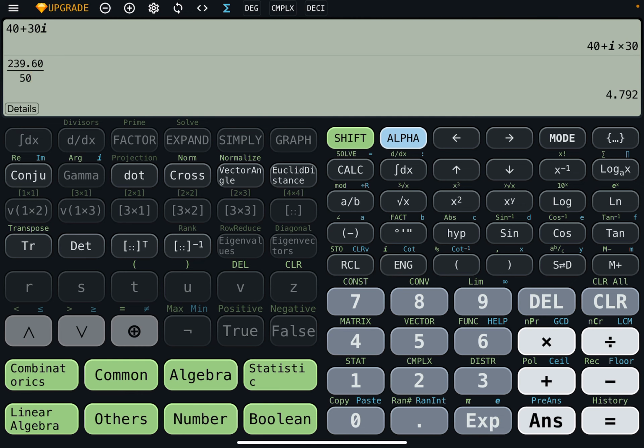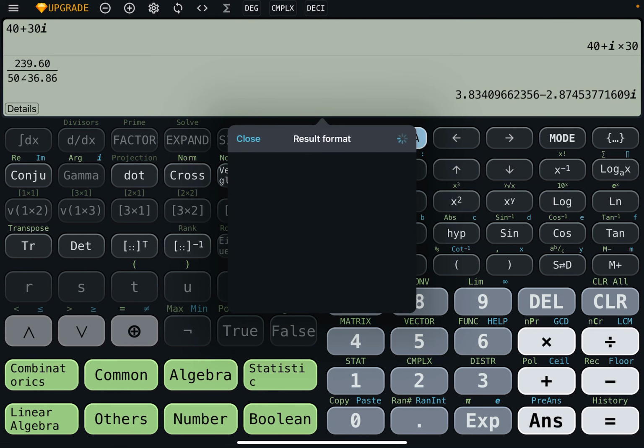Now we need to find the angle. If you look here, this is our angle key. Simply pressing that is not going to give us the angle, so we have to press shift and then angle, 50, shift, angle, 36.86. You can see we still get the result in rectangular format.